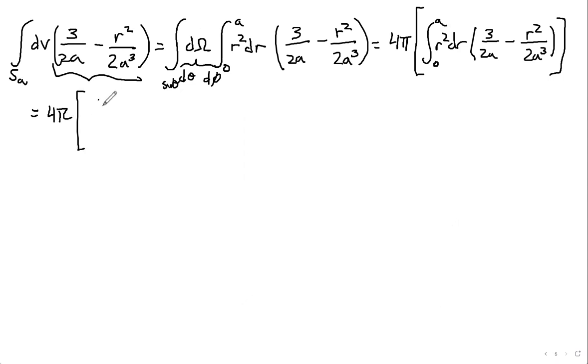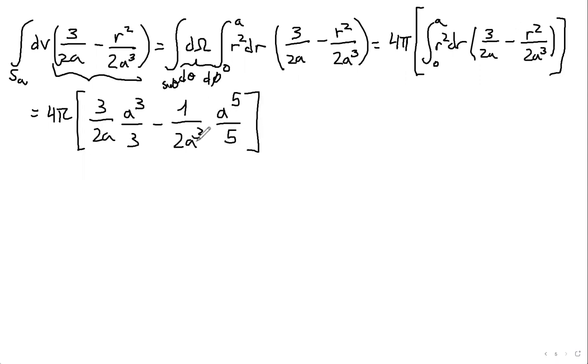The first term is 3 over 2a, and this is R cubed over 3, so it's a cubed over 3. The other one is 1 over 2a cubed, the integral of R to the fourth, so it's R to the fifth over 5, so it's a to the fifth over 5.